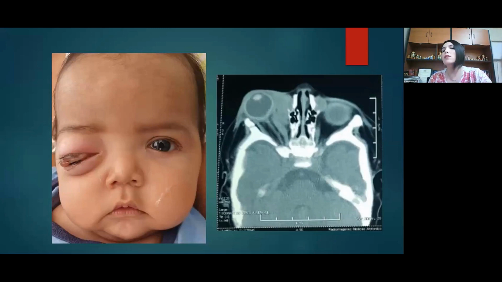And if you see in the other orbit, there is a little abscess too. It's not an abscess, it's the lacrimal sac. So this little guy has congenital obstruction of the lacrimal system, but in a severe presentation.